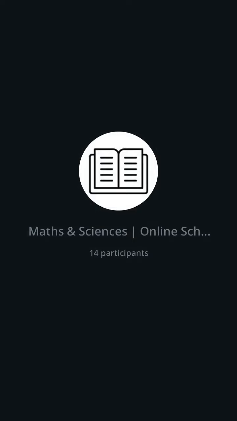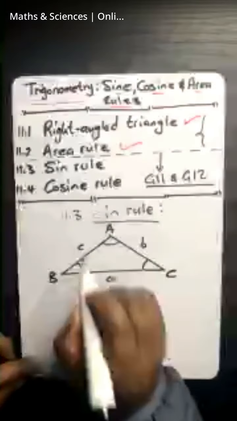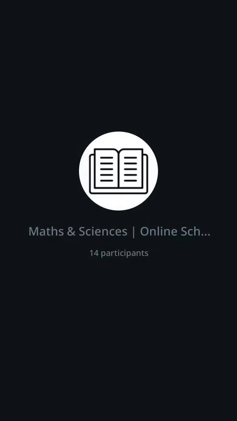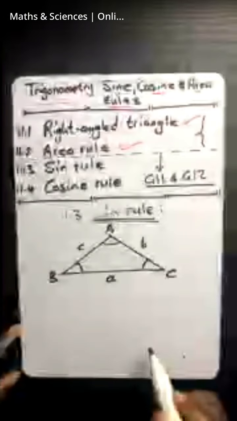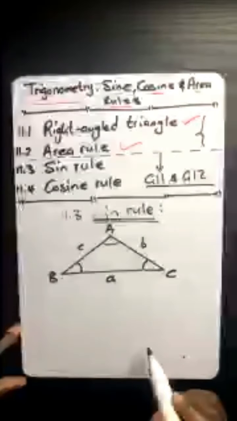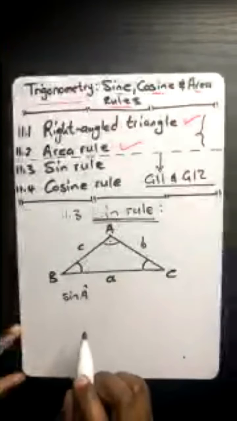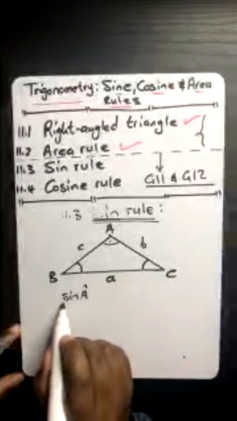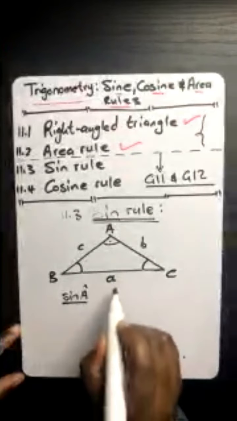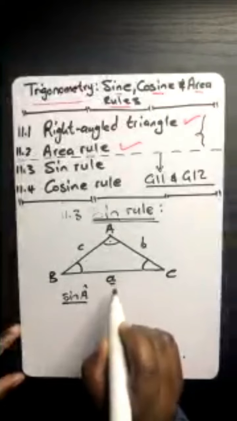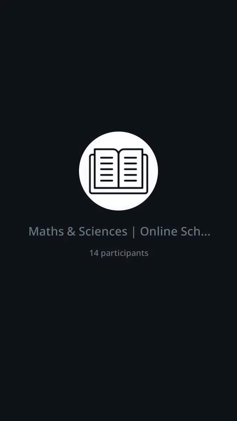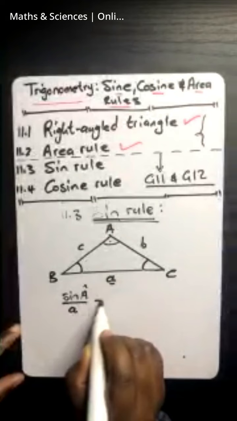So in a triangle, ladies and gentlemen, in any triangle, the sine rule says, remember, sine rule, meaning the trig ratio that we'll be dealing with is sine. It says sine of angle A over small letter a is the same as, remember, the sine rule, sine of which angle do you choose?